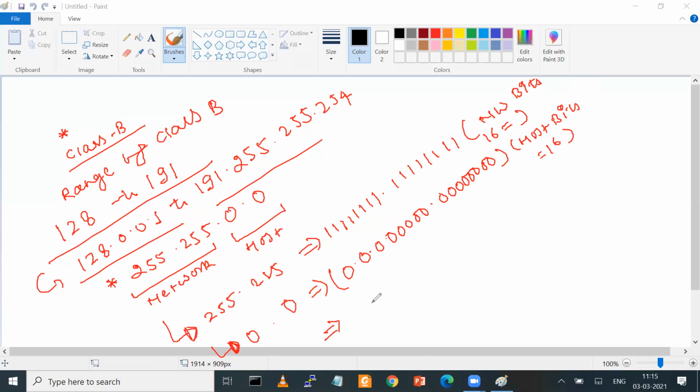Let's say if I calculate the total number of networks from class B, how many networks we can calculate from class B, we just have to use this calculation: total number of networks in class B. It looks like this: 2 raised to the power n minus priority bits.